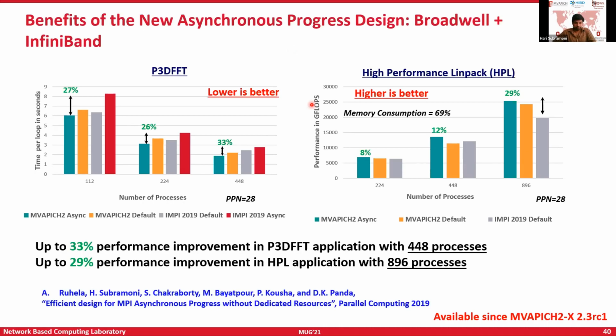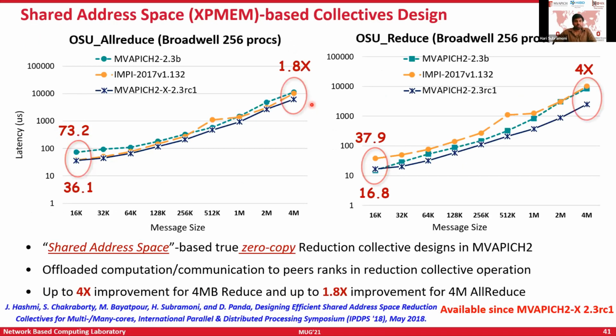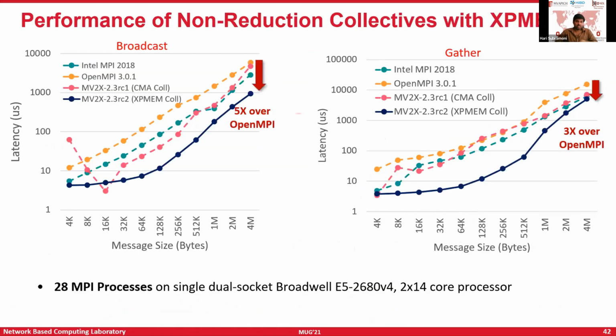Next we go on to the shared address space or XPMEM-based designs. Here we have performance benchmarks with different kinds of collective operations like reduce and allreduce. We see that the XPMEM-based solution is able to significantly improve performance in the medium to large message range by several factors for both reduction as well as non-reduction collectives. We introduced the support about 2 years ago in MVAPICH2-X, and we were the first to do that.